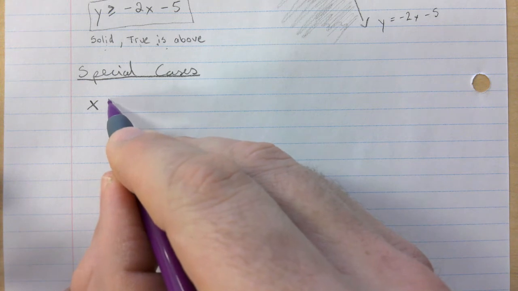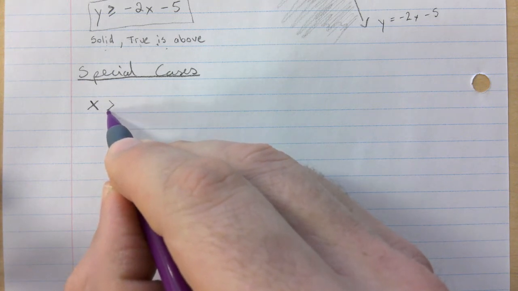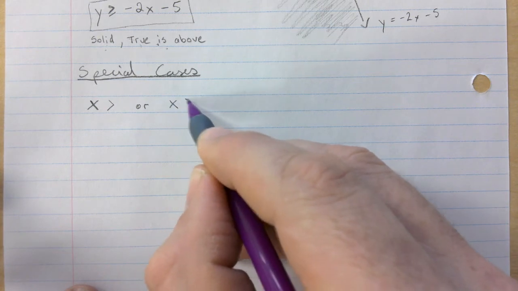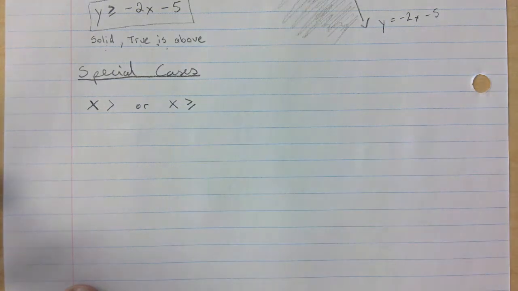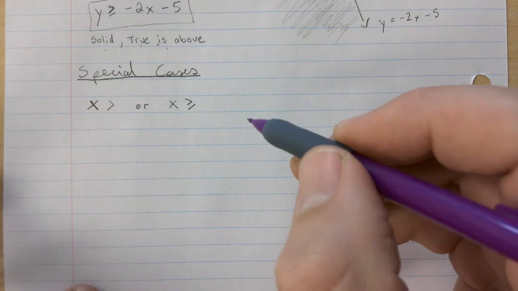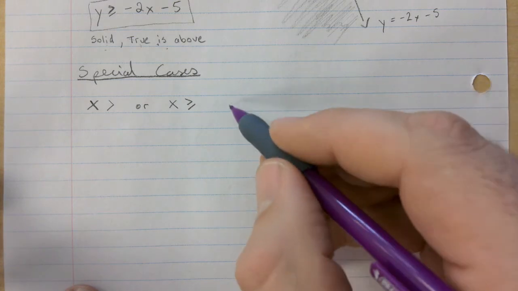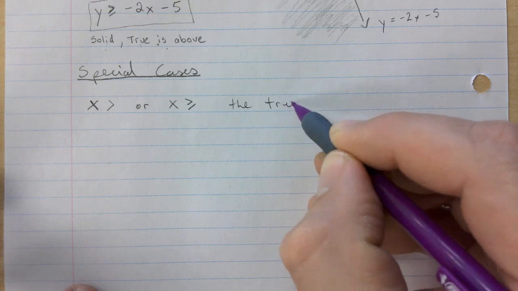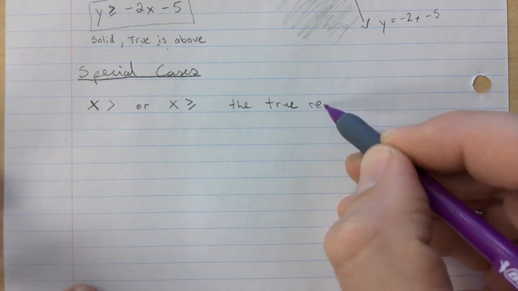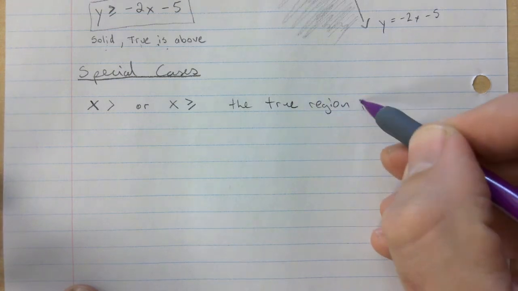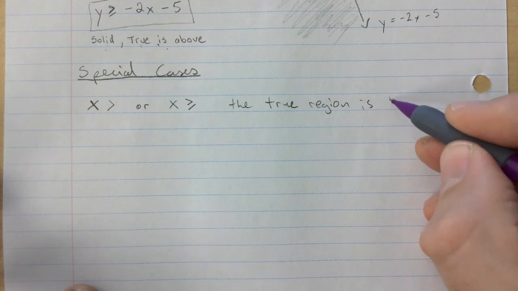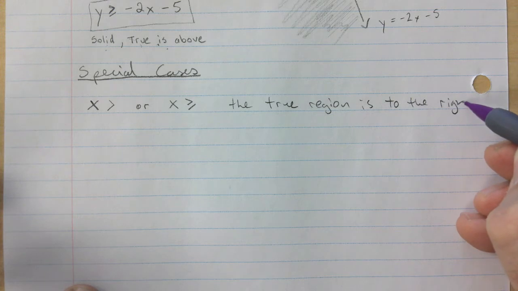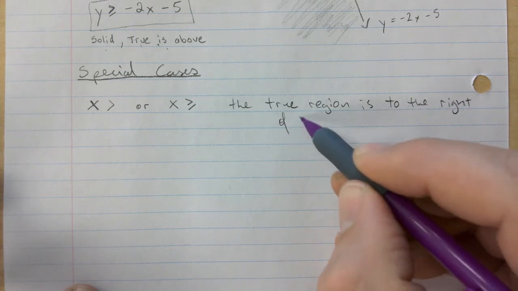When x is either greater than or x is greater than or equal to, the true region is to the right of the boundary line.